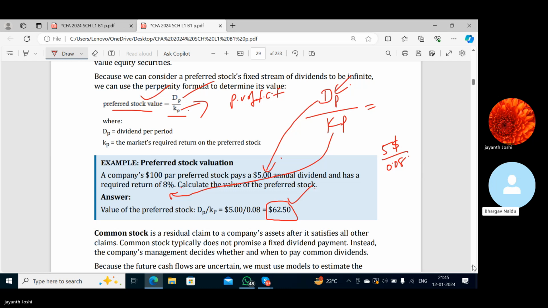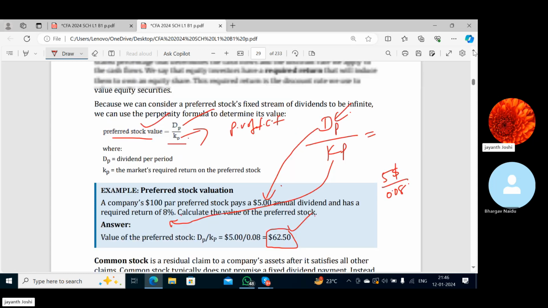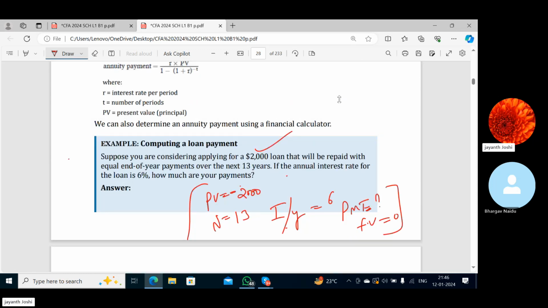Sir, I had one doubt. That is the interest in the previous time value of money slide, when we were doing the calculation for the loan question. That time 6% is the interest paid, no sir? So how are we considering that as a discount? See, in this question, did they give that you have taken a loan at so and so rate?